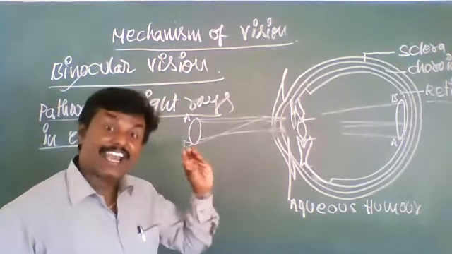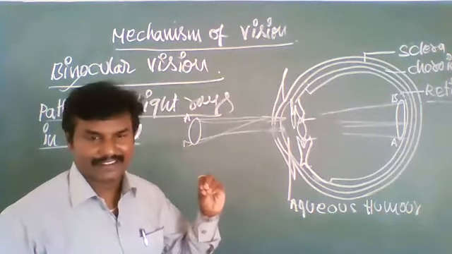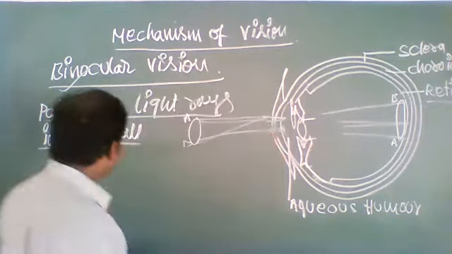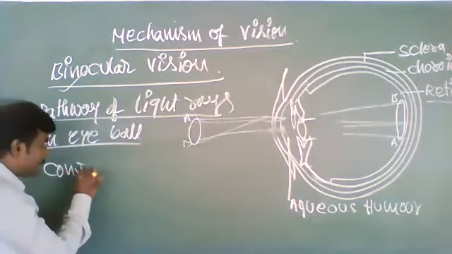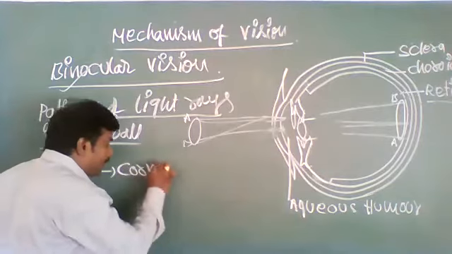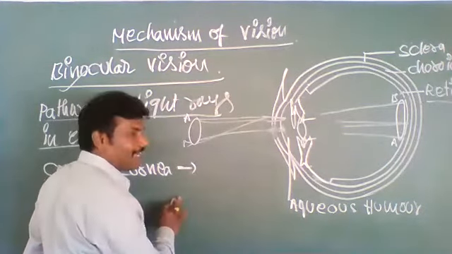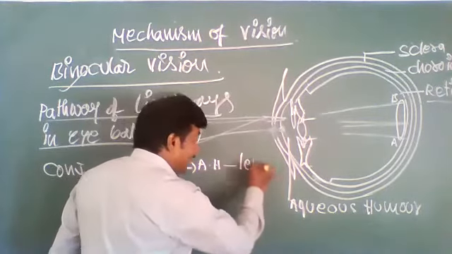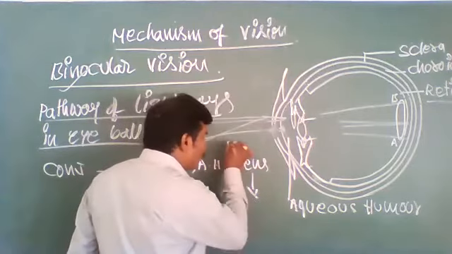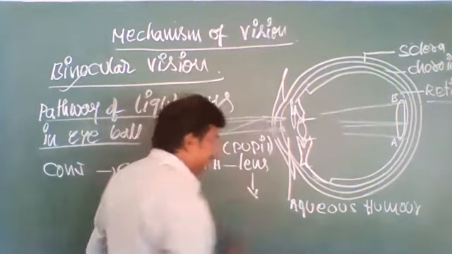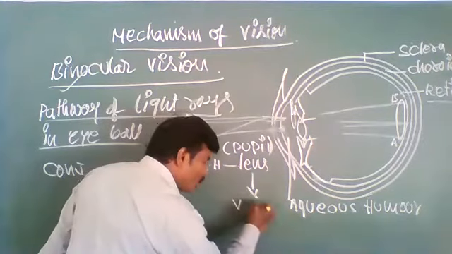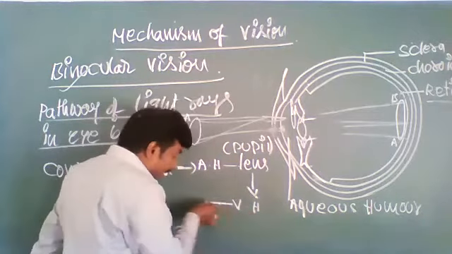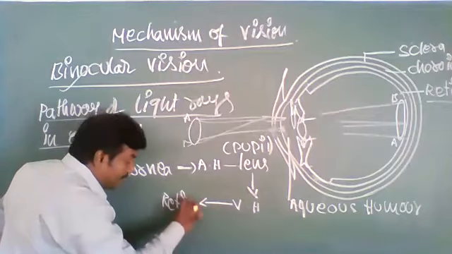Light rays converge, come together as they pass through conjunctiva, cornea, aqueous humor, lens, through pupil, vitreous humor. This large space is called vitreous humor. Vitreous humor to retina.